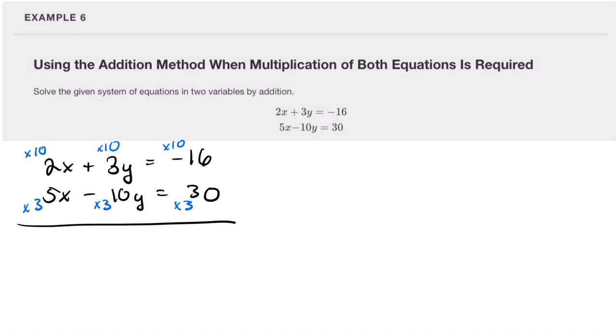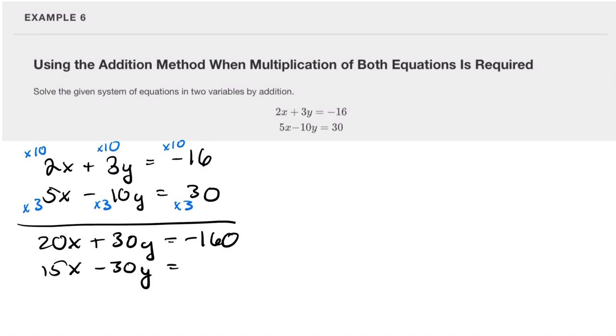So the first equation is going to turn into 20x plus 30y equals negative 160. And if we distribute a 3 across the second one, we get 15x minus 30y equals 90.